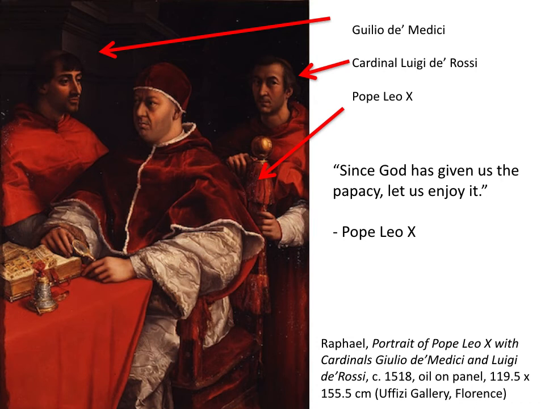So Leo is actually represented with his two illegitimate relatives. You have Giulio de' Medici and Cardinal Luigi de' Rossi. So this shows that prominent families like the Medicis generally maintain the control or the highest positions in society.